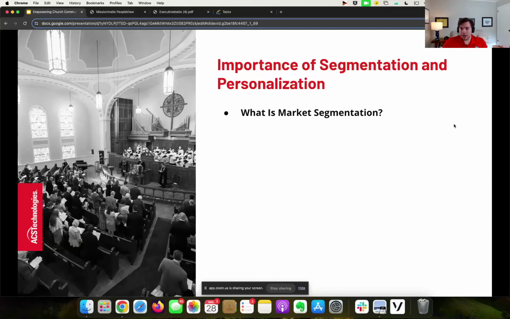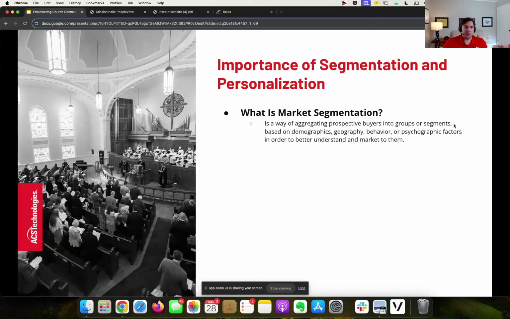So I am going to provide a definition for you in case this is something that you've not heard. This is a definition from a company called Investopedia. So if you ever look up finance stuff, this is a company that does that. They define market segmentation as a way of aggregating prospective buyers into groups or segments based on demographics, geography, behavior, psychographic factors, all in order to better understand and market to an individual.